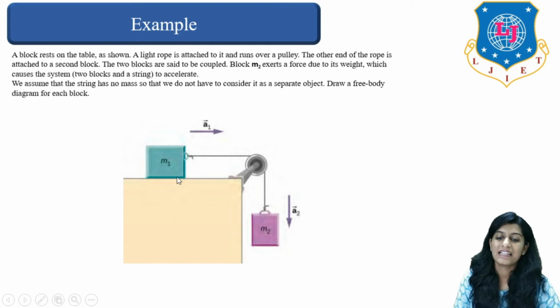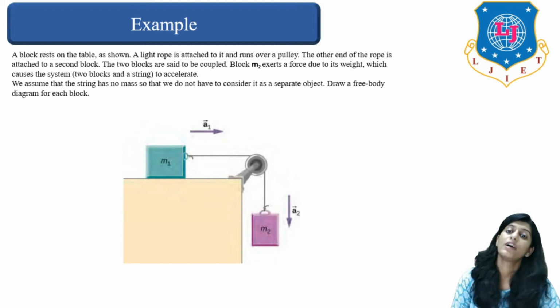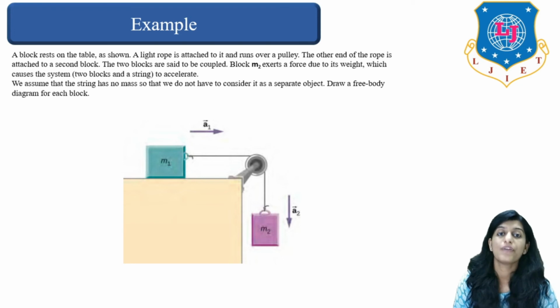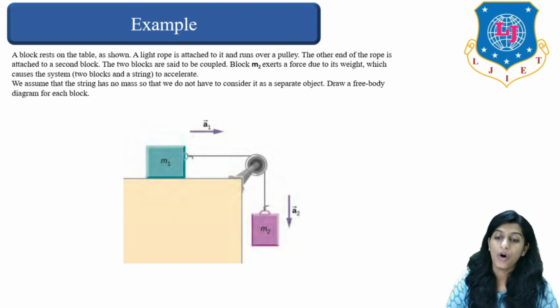And due to that there will be an acceleration in the system. So now we assume that the string has no mass, so that we do not have to consider it as a separate object. If there is some mass associated with the string, then we should consider the string as a separate object, right? Now how can we draw a free body diagram for each of these blocks?